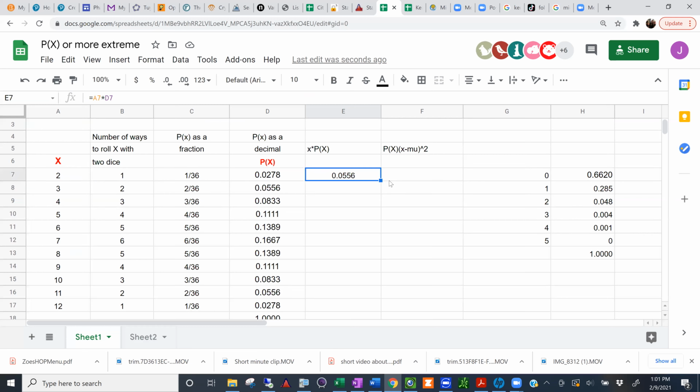Now, the good news is that we don't have to do this by hand. I used to make people do this by hand. That's just not a whole lot of fun. Doing it on Google Sheets, what we can do is copy this down to the remaining cells. So grab the square lower right-hand corner and drag that down till it's even with the number 12 in column A. It should give you something like this.